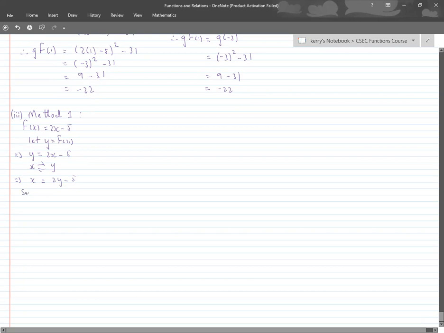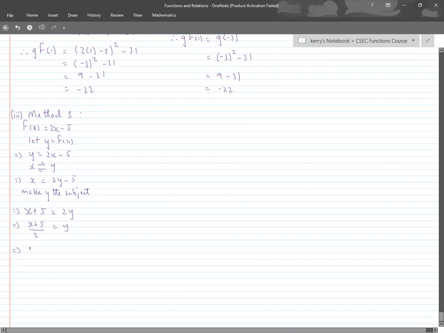The third step is to solve for y, make y the subject of the formula. So first thing, you have to add 5 to both sides. So you get x plus 5 is equal to 2y. And now to get y by itself, you need to divide both sides by 2 to give us x plus 5 all over 2 is equal to y.